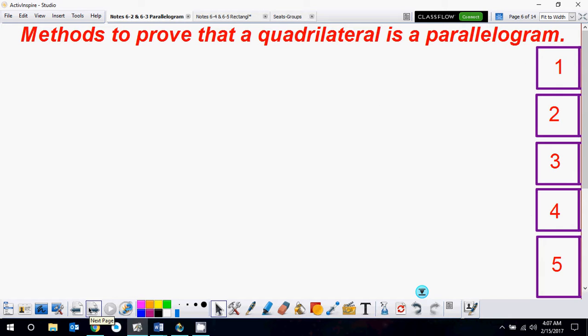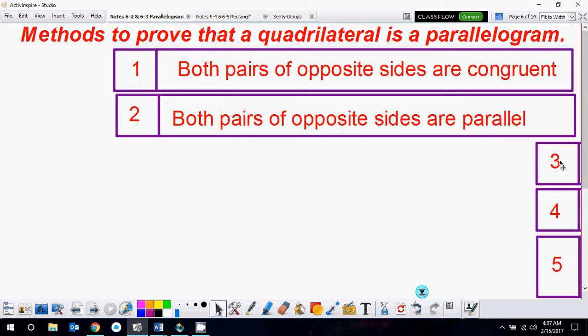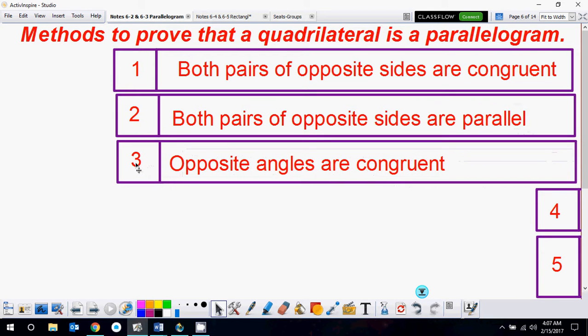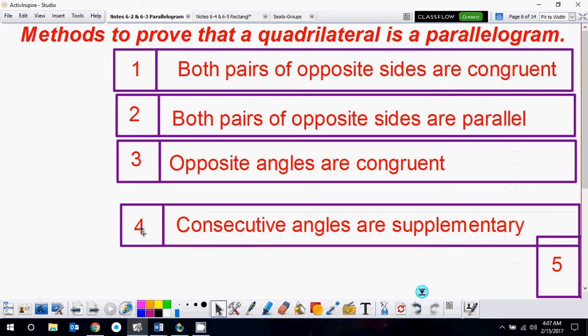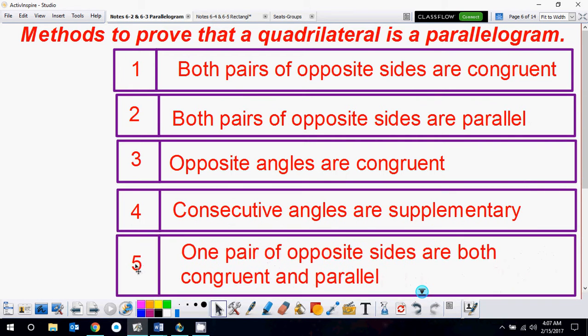So under parallelograms, you should have noticed a slide or a section that said that there's a 5th way to prove that you have a parallelogram. Okay, so we clearly have the 4 properties of a parallelogram, but there's a 5th way to show that you have a parallelogram, and that is if you have one pair of opposite sides that you know 2 things about.